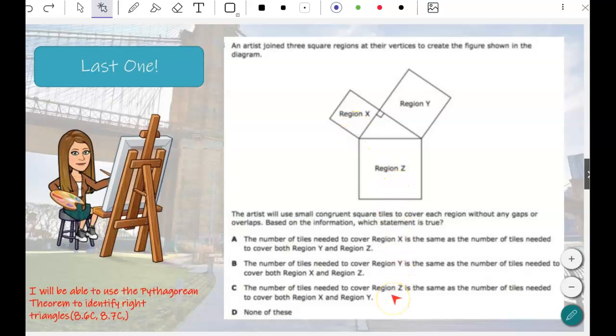All right, C, the number of tiles needed to cover Z is the same as the number of tiles needed to cover both X and Y. That's the right one. So the answer is C.